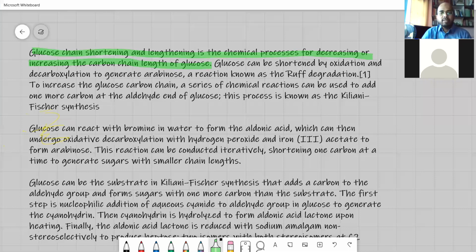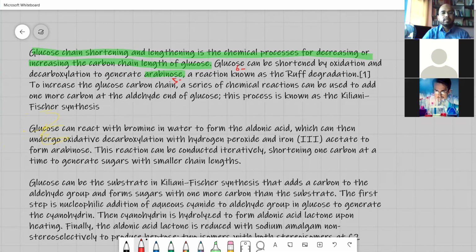That is, glucose can be shortened by oxidation and decarboxylation to generate arabinose. Arabinose is a 5-membered ring, and this one is a 6-membered ring. So, by a process known as Ruff degradation, 6 to 5, we call it Ruff degradation.